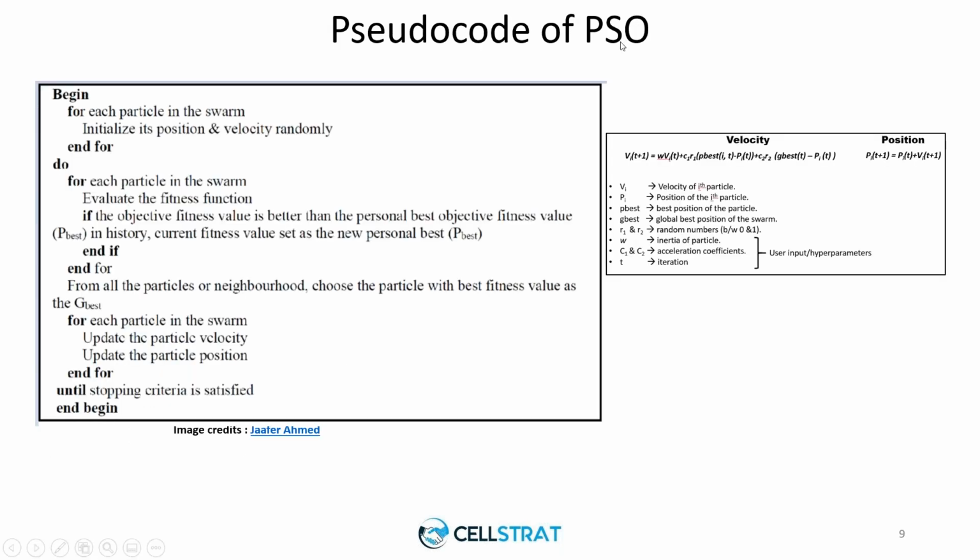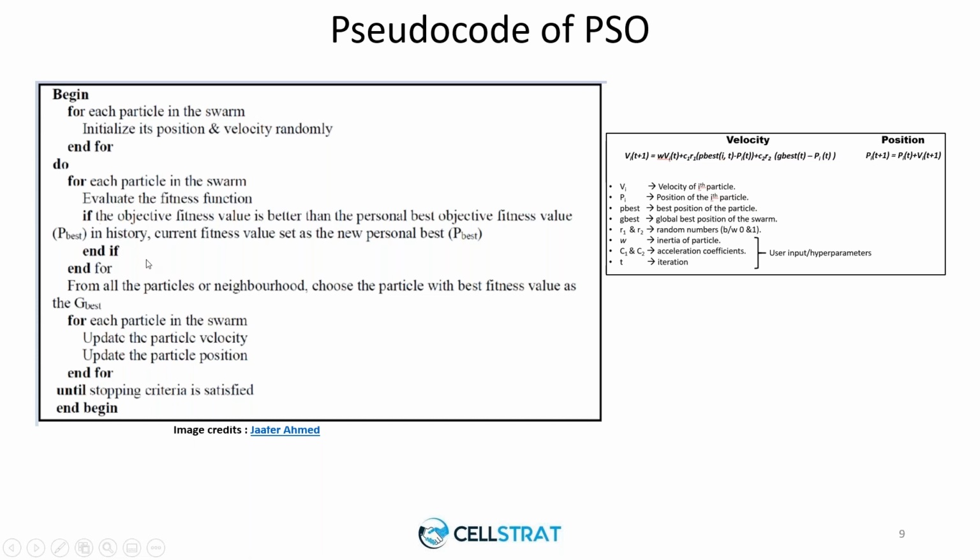This is the pseudocode of PSO. It starts by initializing the position of the swarm for each particle, and its velocity, randomly. Then for each particle it finds the fitness function, which is nothing but your error function or cost function, whatever you like to call it.